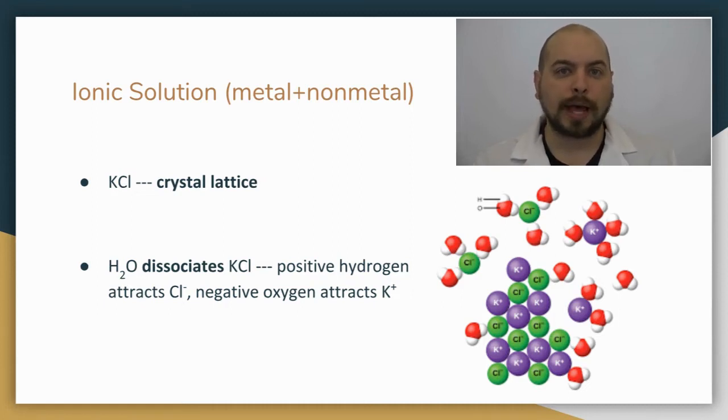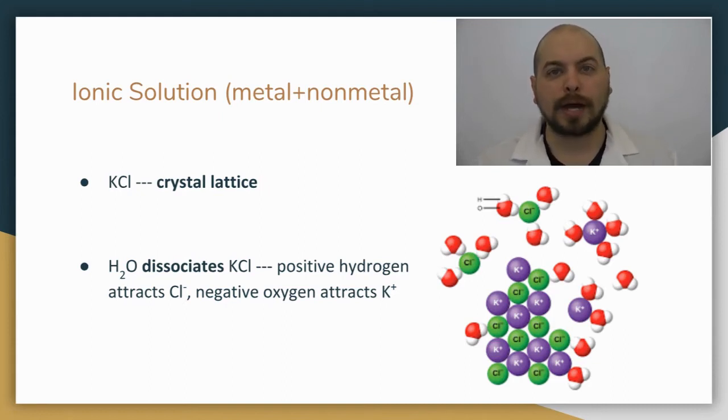When a crystal lattice structured ionic compound goes into water, what's going to happen is the water molecules, knowing that oxygen is slightly negatively charged and that hydrogen is slightly positively charged because water is a polar molecule, the oxygen is going to be attracted to the positively charged potassium ion. That's going to pull it slightly away.